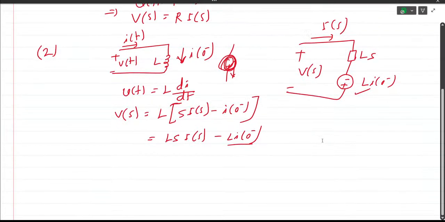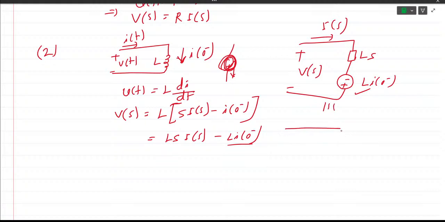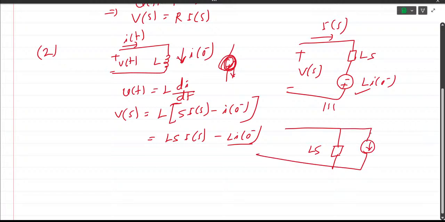You can also put the equivalent current source using source conversion. This can be written like this: Ls, and the current will be this, that is I0 minus upon s.